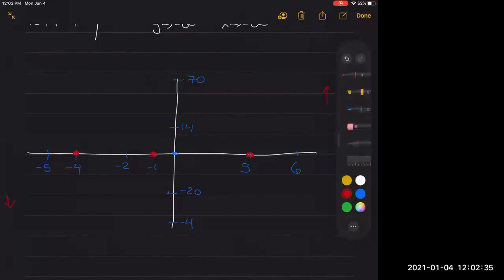So those are going to be our end behaviors. And then our test point at -2 is at 14. At -5 is at 40, not a 4. And then at 6 is at 70. And now we just kind of connect the dots.